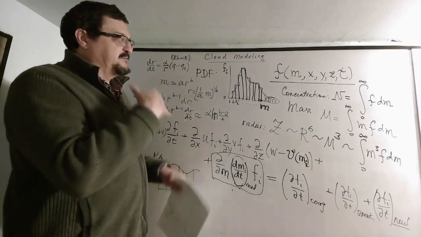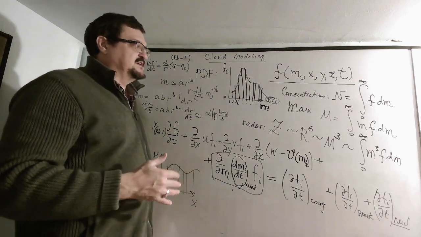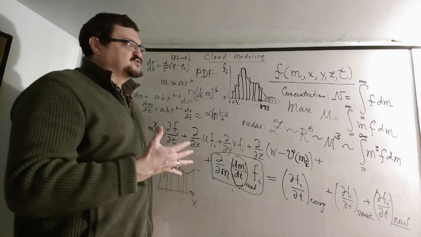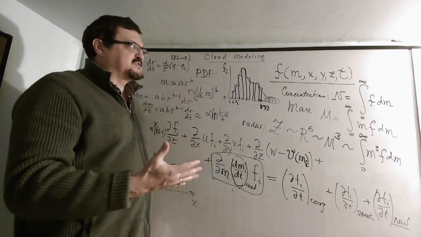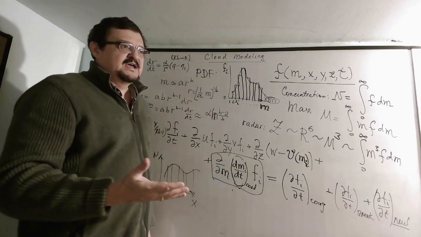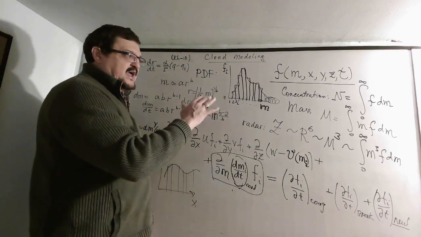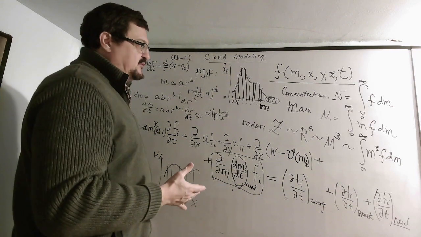Summarizing the bin approach, it's very comprehensive and very interesting. It allows you to study effects of various processes on cloud size distribution and the rain initiation process in clouds.